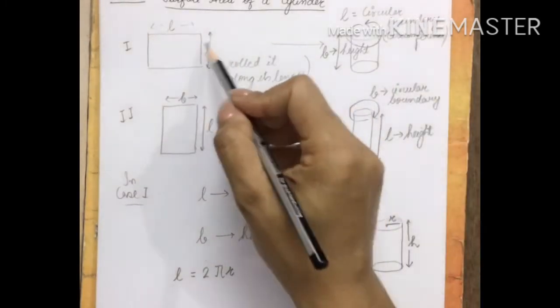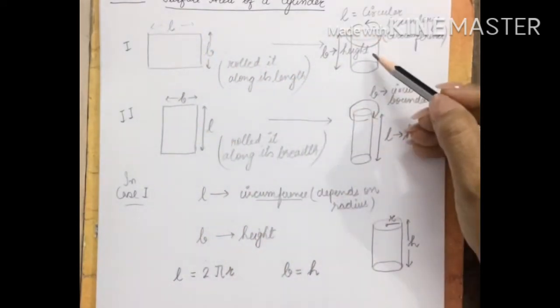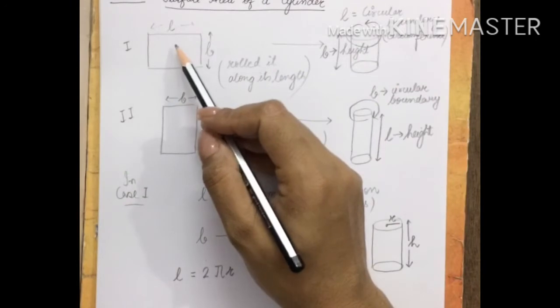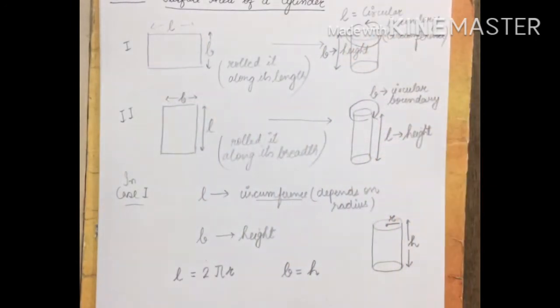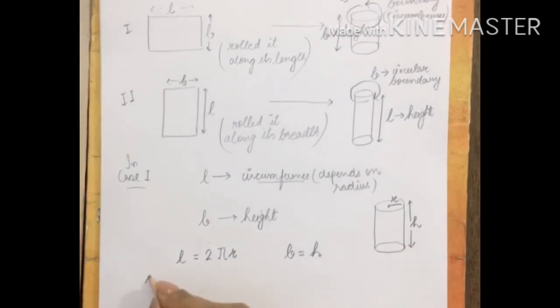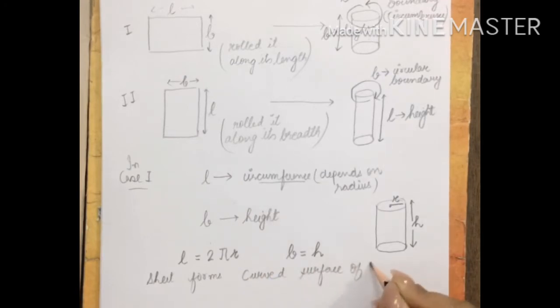Going back, when we roll this sheet to form a cylinder, this sheet actually forms the curved surface of this cylinder. So the sheet forms the curved surface of the cylinder.